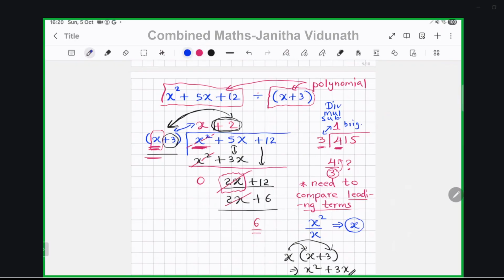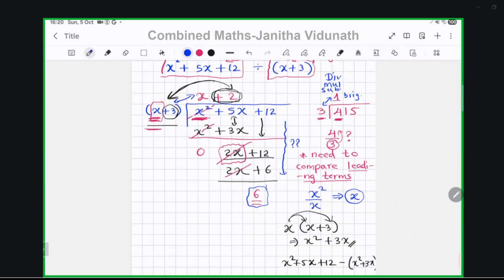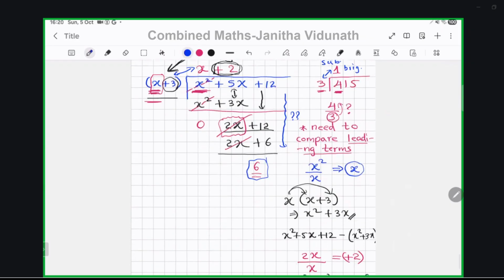Now we get 6. Also there are no remaining terms. Now our final value, the remainder, is 6. Here the degree of the remaining value is 0. That means 6 times x to the power 0.